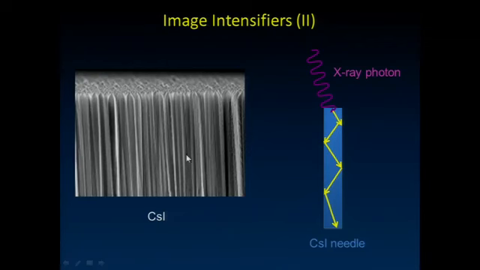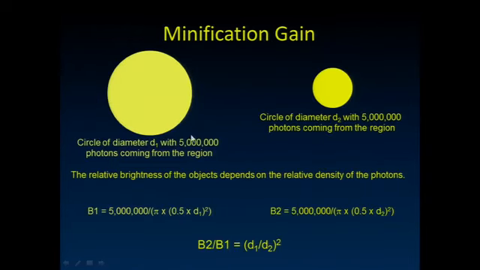and displaying it to us. Those image intensifiers, by the way, were made with cesium iodide once again, for some of the reasons that we talked about. When you took a big area on the II and brought it down to a smaller area at the output, you got some increased brightness solely due to the minification gain, right?